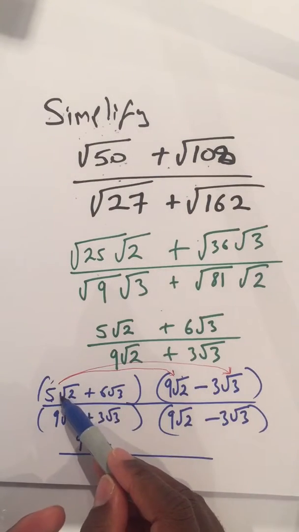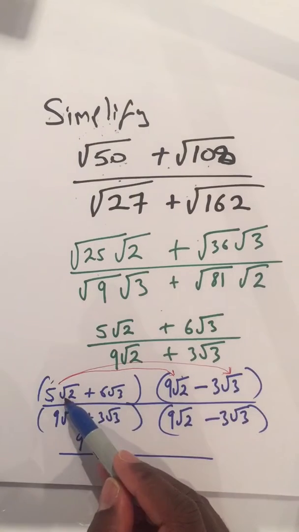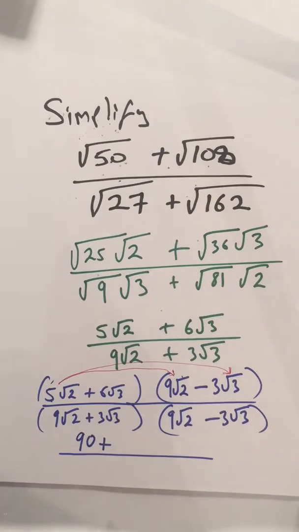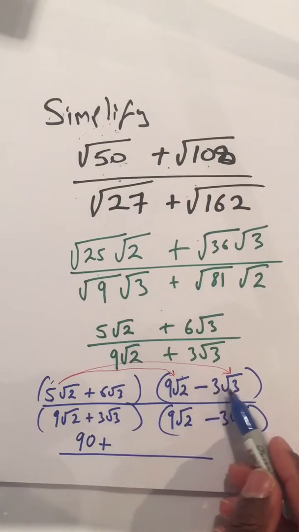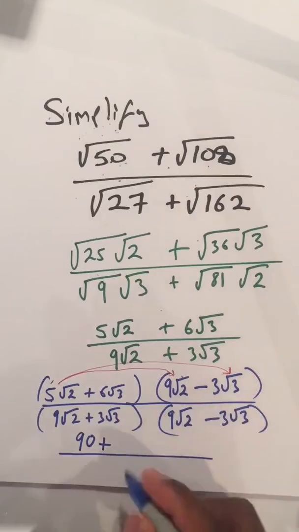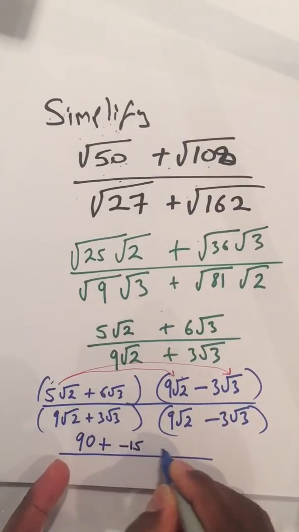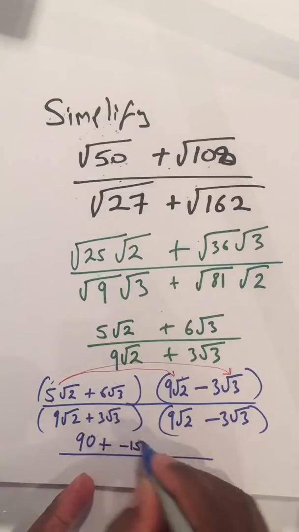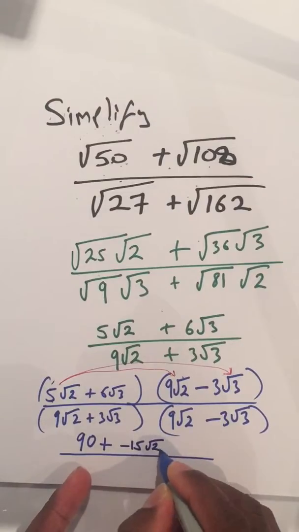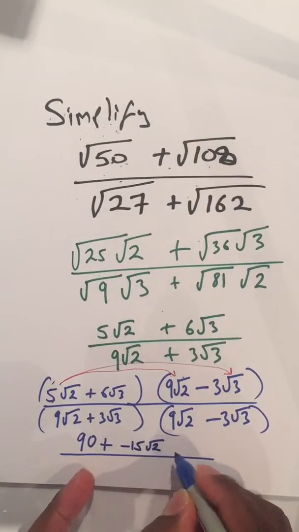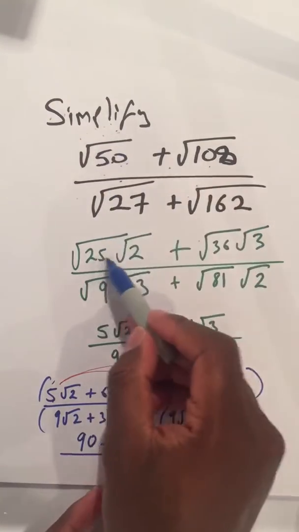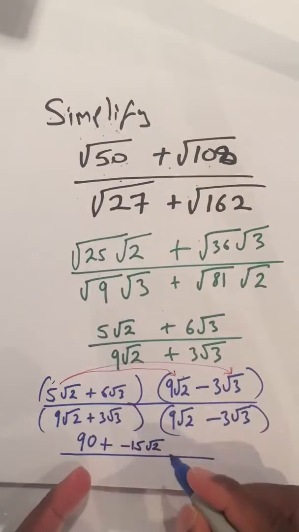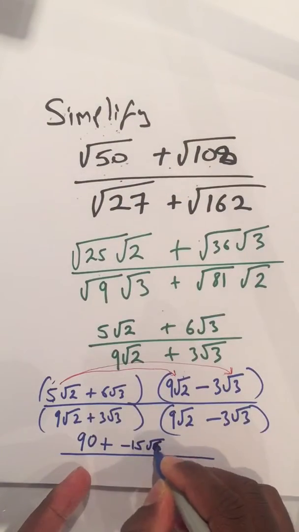Because if this is an x and that is a y, x times y cannot become x or y. It has to be just xy. So 5x times negative 3y would just give you negative 15xy. But instead of writing xy, I'm just going to keep it as root 2 root 3. Now root 2 root 3 is the same thing as going backwards, so root 2 root 3 would go back to root 6. So that's just root 6.